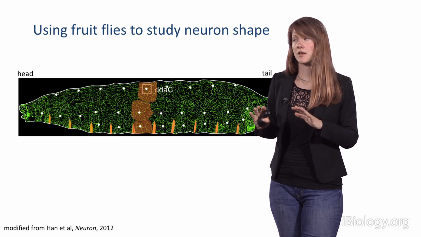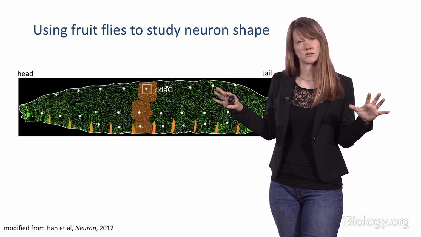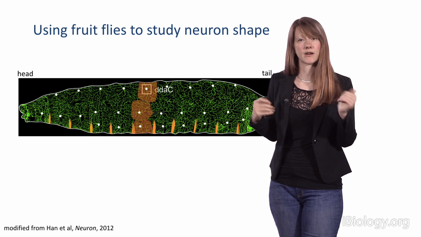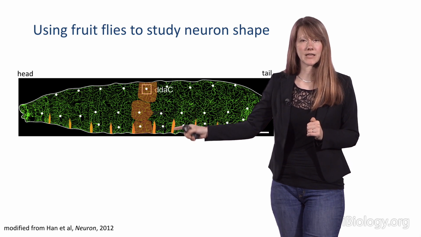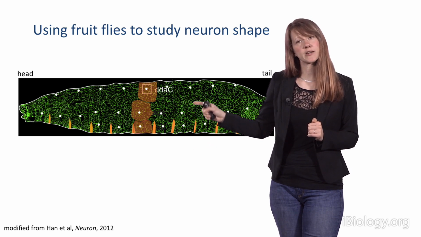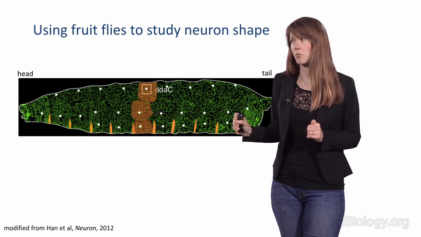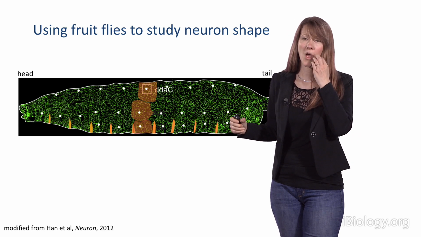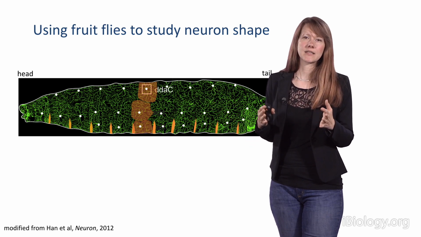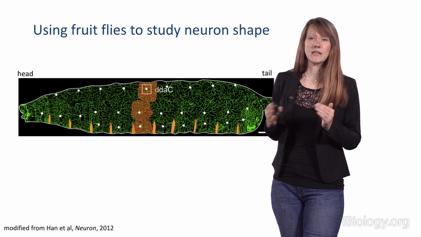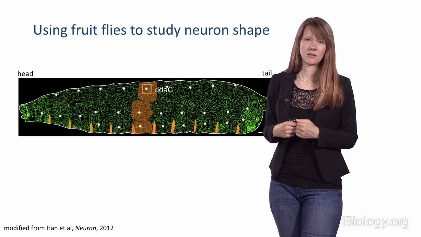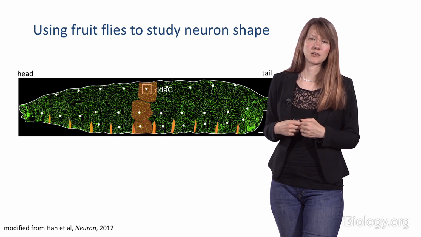Each neuron extends a dendrite arbor and has its own territory in the body wall that it's responsible for. So I've got 3 clouds on the 3 different neurons of this class in that one segment of the animal. And what you can see is that the territory that each neuron is responsible for is unique and non-overlapping. It doesn't cross over with the next adjacent neuron.